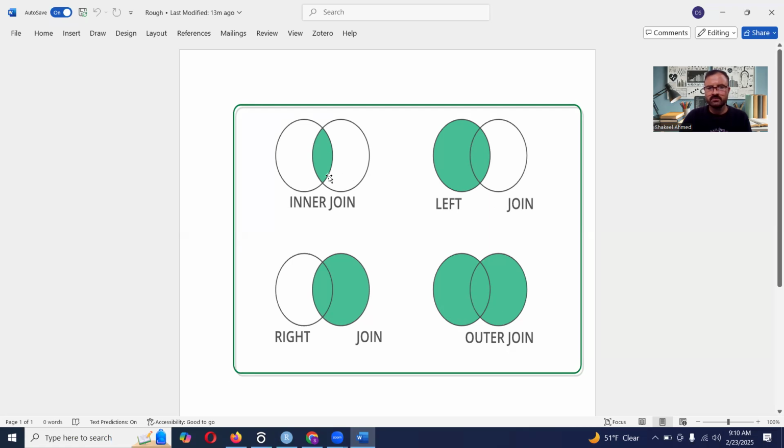Inner join means we are just keeping the cases that are in both data 1 and data 2. We include the cases that are matched in data 1 and data 2, that is the intersection of the two data sets.